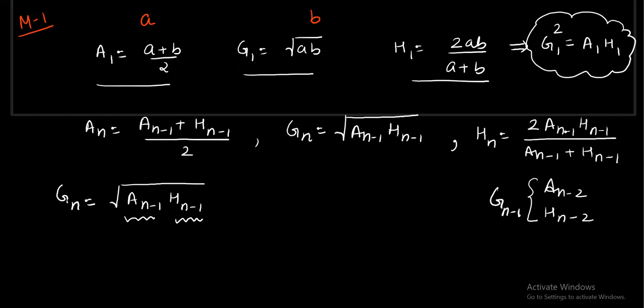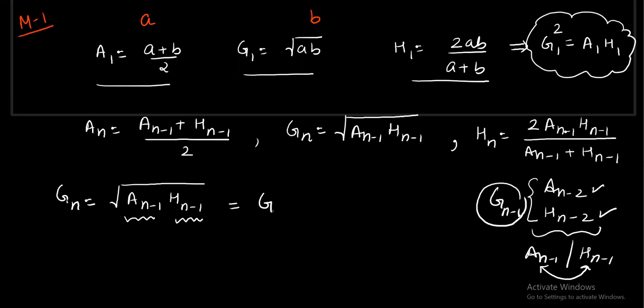Because the geometric mean of these two numbers is Gn minus 1, their arithmetic mean is An minus 1, and harmonic mean is Hn minus 1, the product of arithmetic and harmonic mean helps me identify the geometric mean.